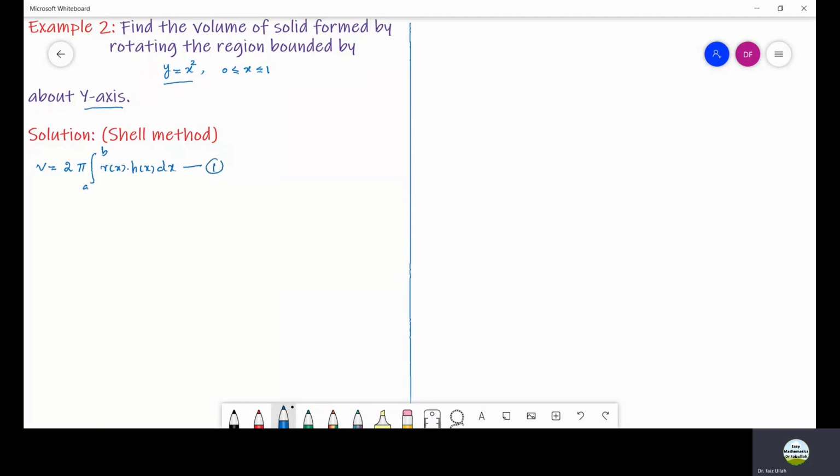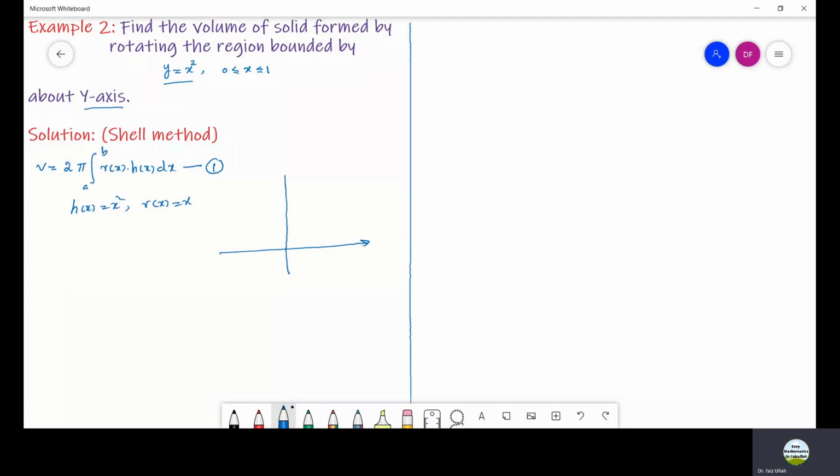Let us say this is 1. Here h of x is the given curve, x squared, and r of x is x. Let us see the graph of the curve.